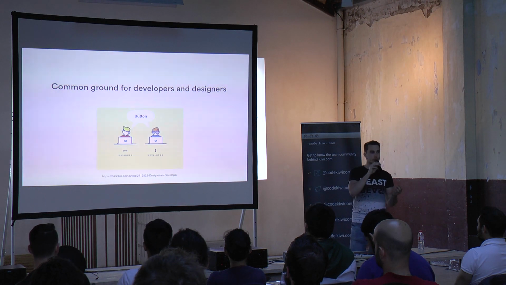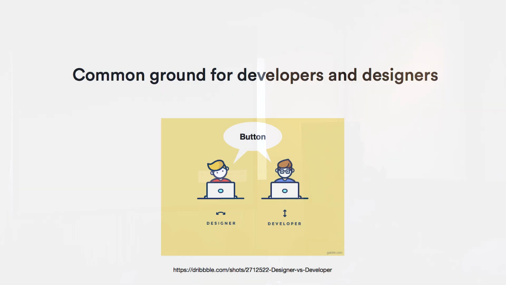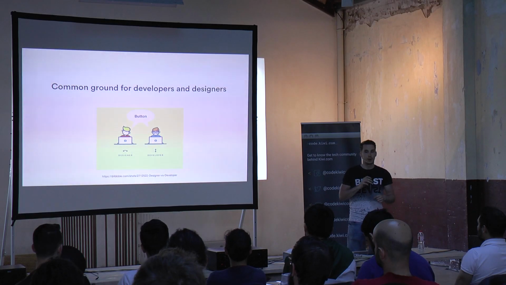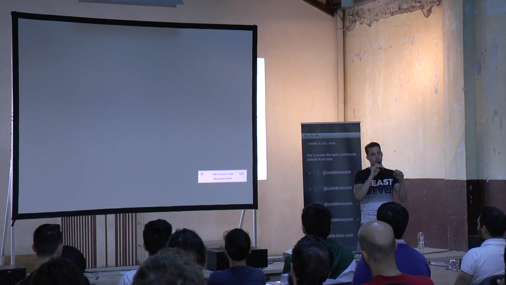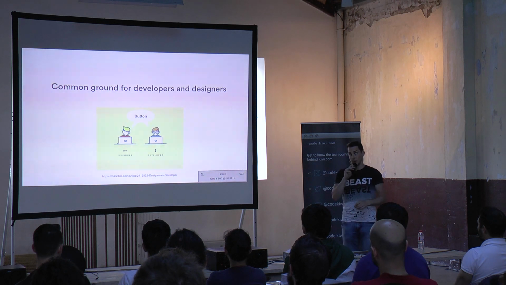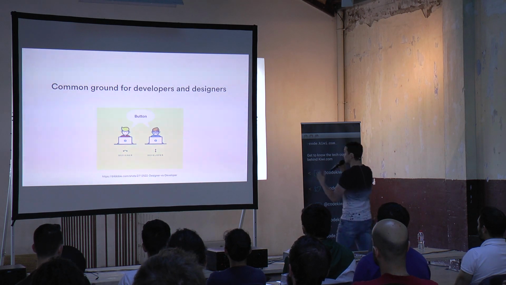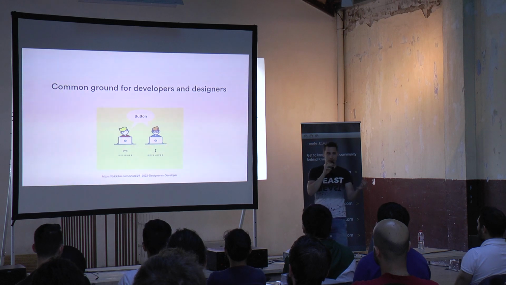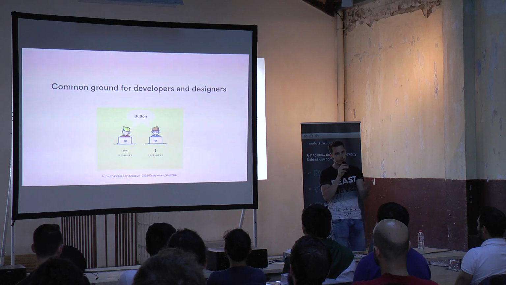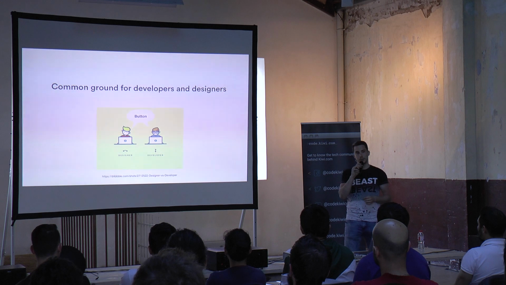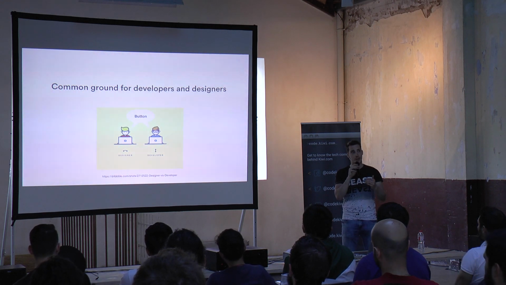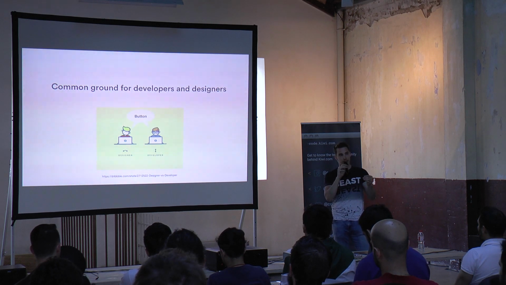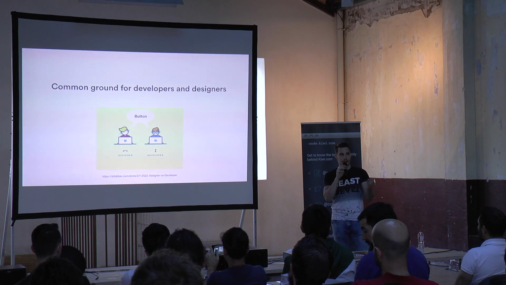It's also common ground for every role in kiwi.com, or maybe even for you, because developers and designers are speaking the same language. So when there's a button, for example, the button is a button for the developer and also for the designer, and if we have maybe type primary for the button, the type is the same for the designer and the developer.